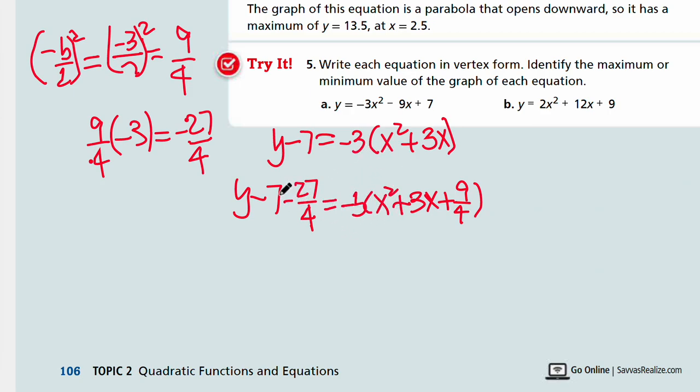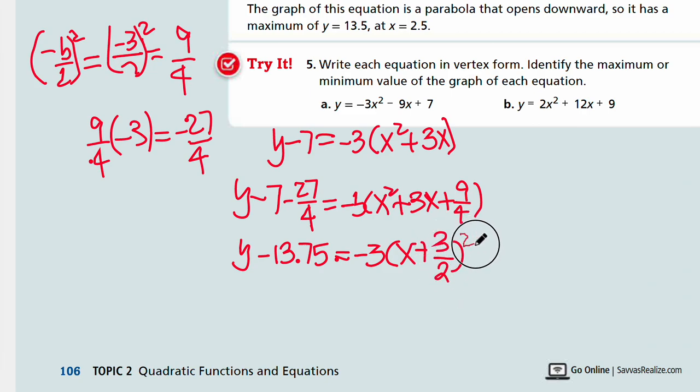And then you're going to factor them out and simplify this expression. And that's going to be y minus 13.75. Let's use decimals. And then that's going to be -3 times x plus 3 over 2 squared.